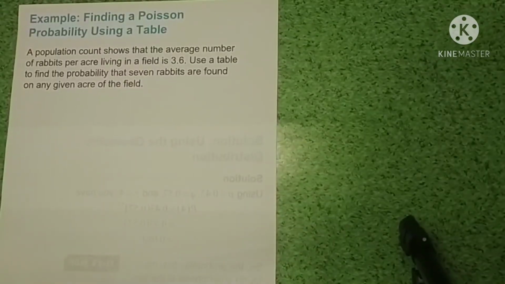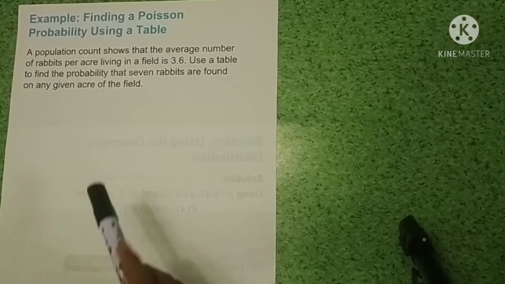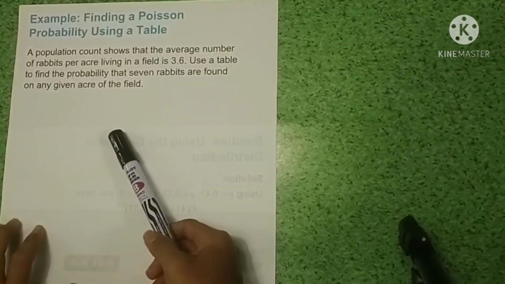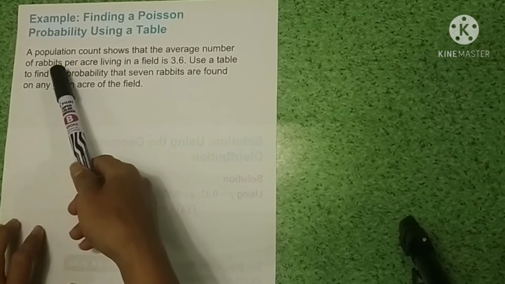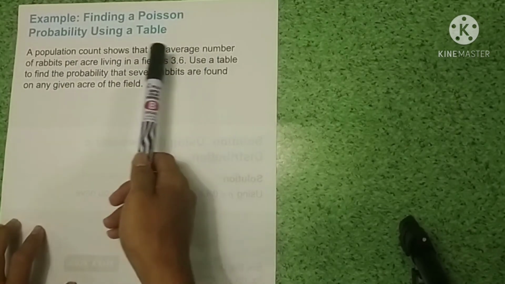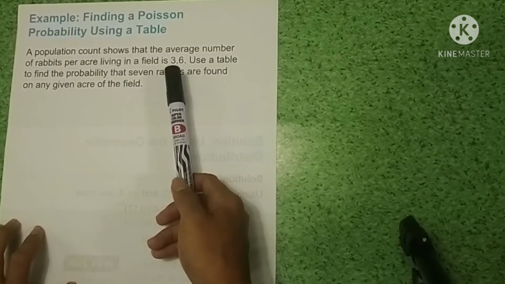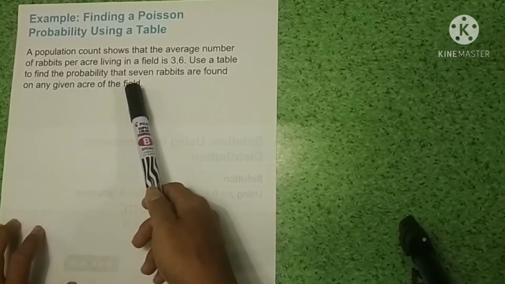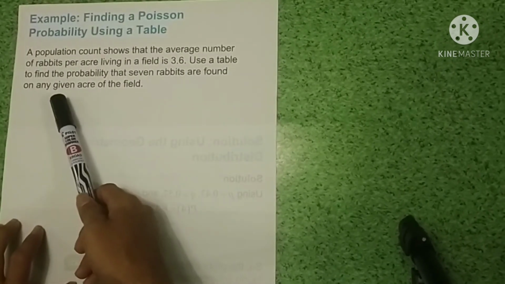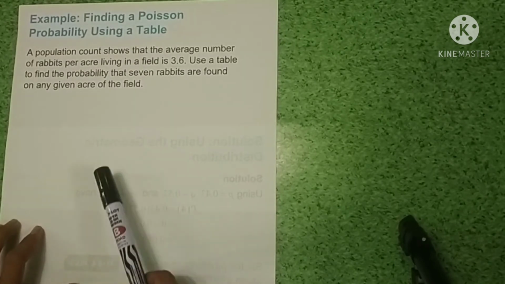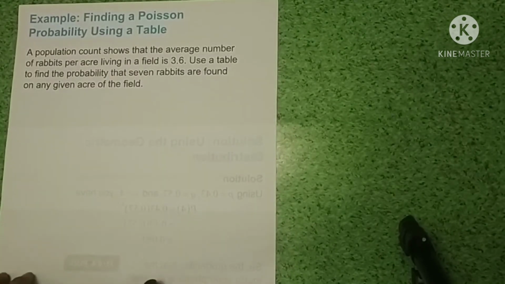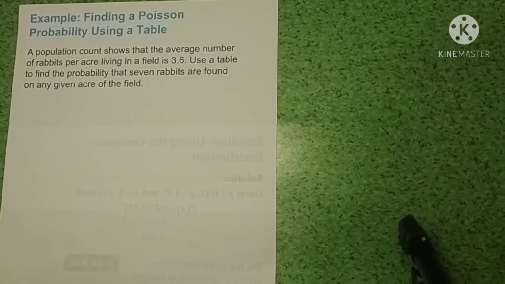Okay, let's proceed to the second example: finding a Poisson probability using a table. A population count shows that the average number of rabbits per acre living in a field is 3.6. Use a table to find the probability that 7 rabbits are found on any given acre of the field. A portion of table 3 in appendix B is shown here.